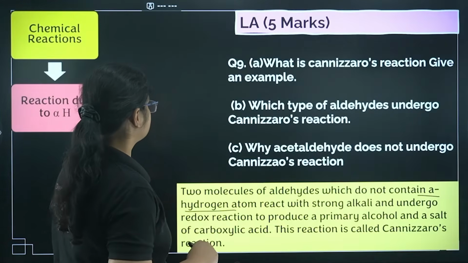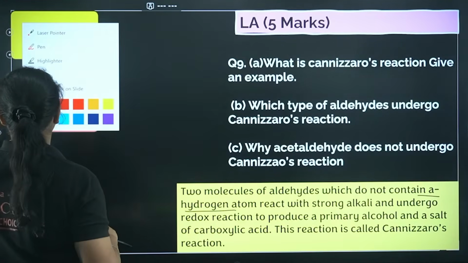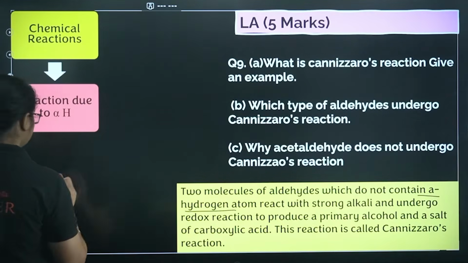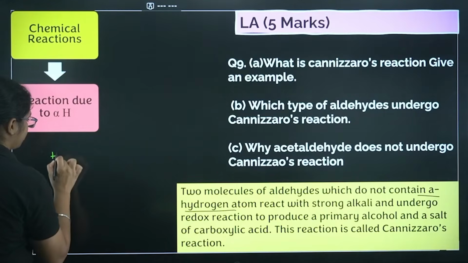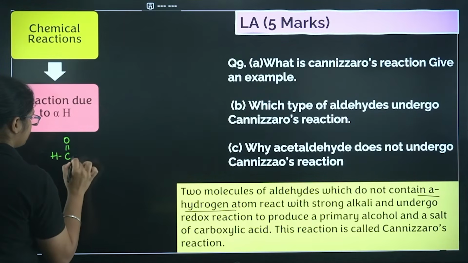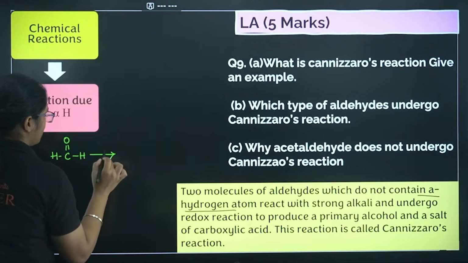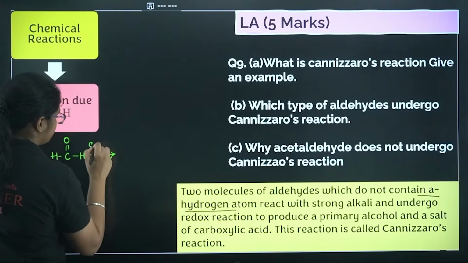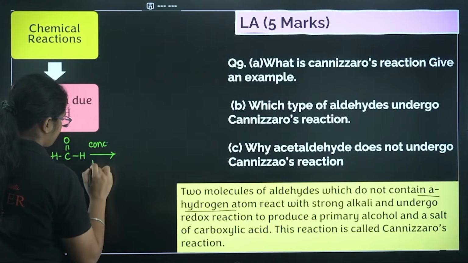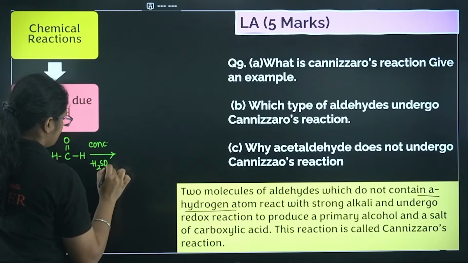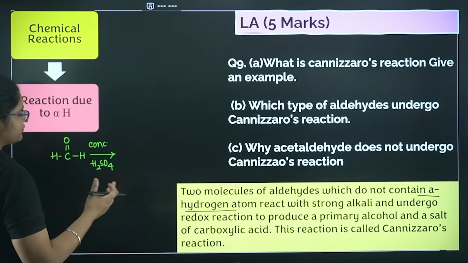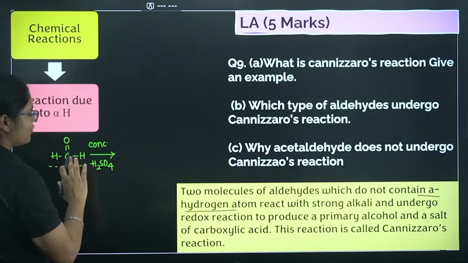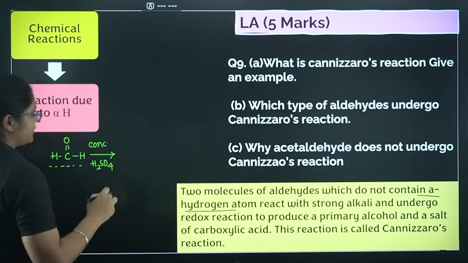Next, I'll give you an example for Cannizzaro reaction. For example, if you have formaldehyde with concentrated alkali, what will happen? One will undergo oxidation and one will undergo reduction.